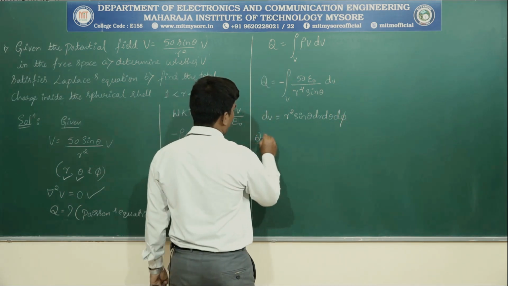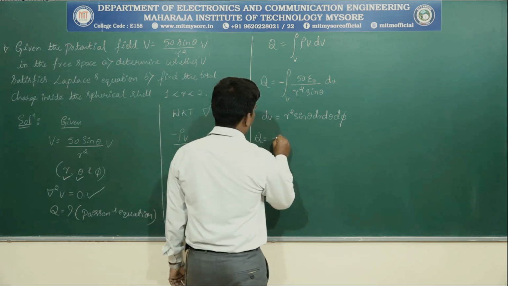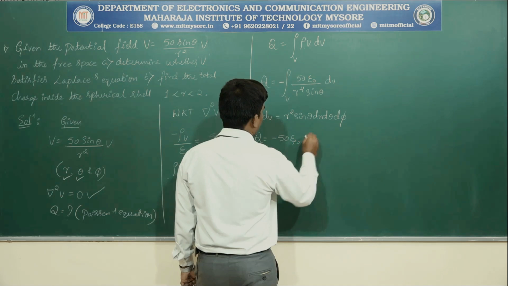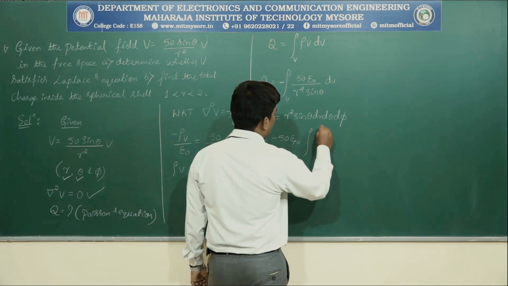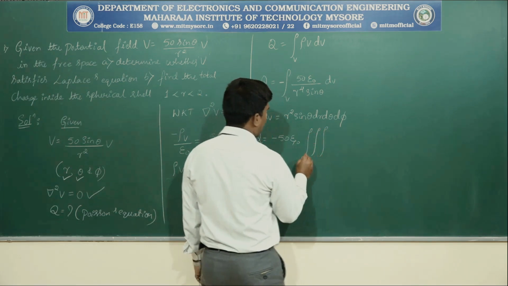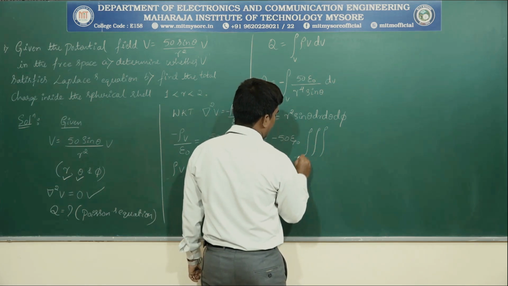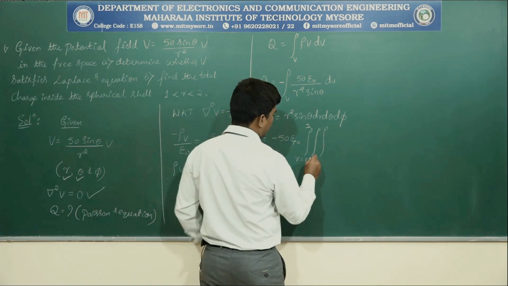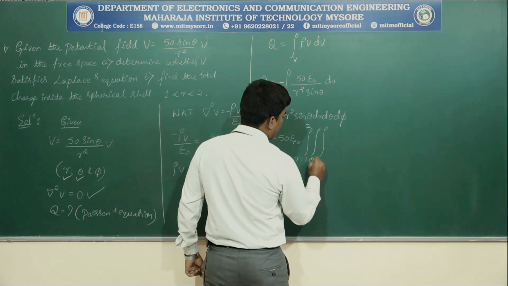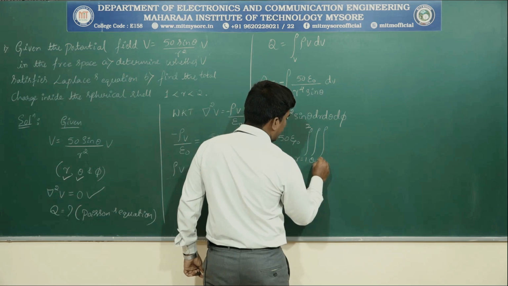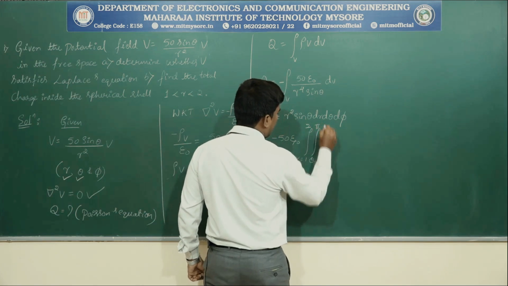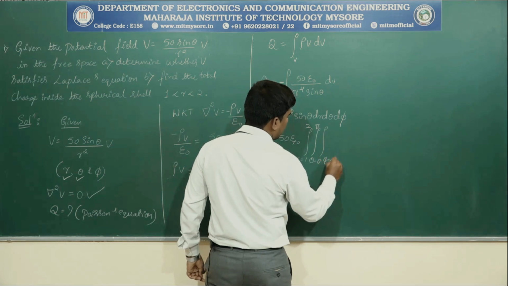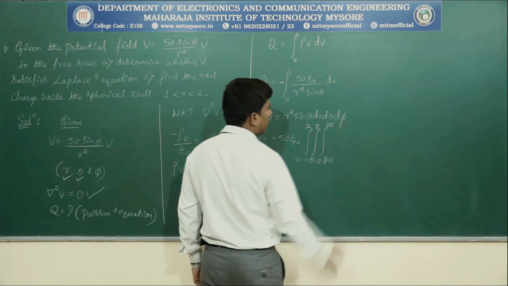That means Q is equal to minus 50 times epsilon naught into triple integral, r varying from 1 to 2, theta varying from 0 to pi, phi varying from 0 to 2 pi, right?